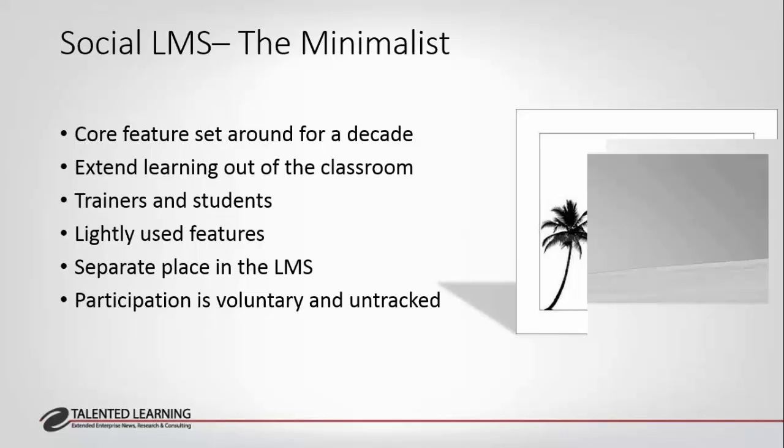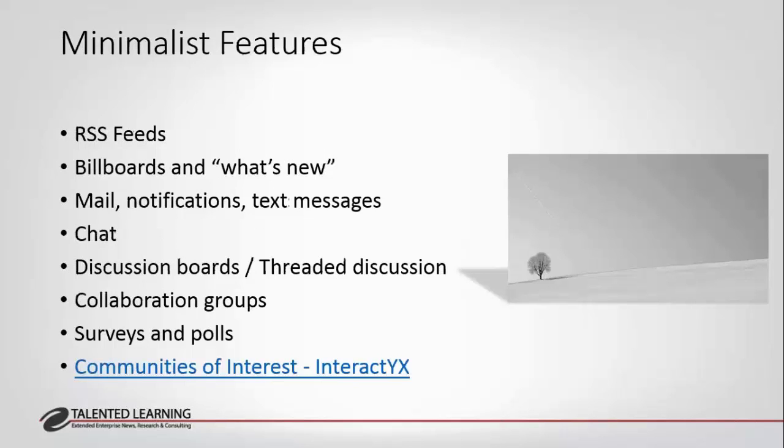And what are these minimalist features? They're things like RSS feeds, billboards, what's new, announcements. It includes a lot of the notification engine, the push notifications, and text messages are a little bit more modern, but email notifications of one sort.